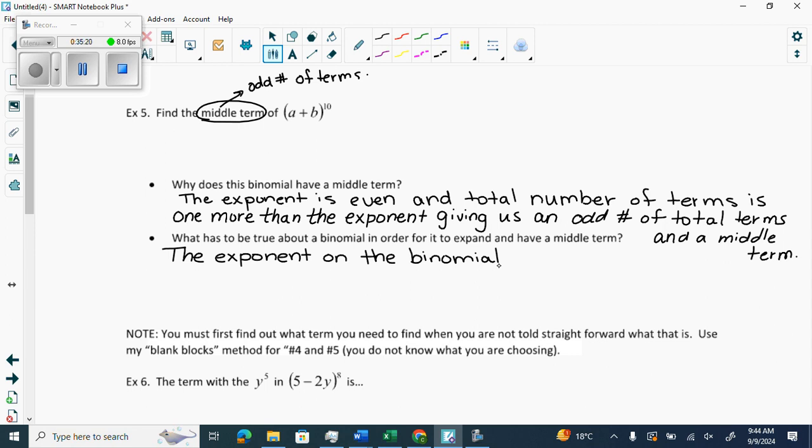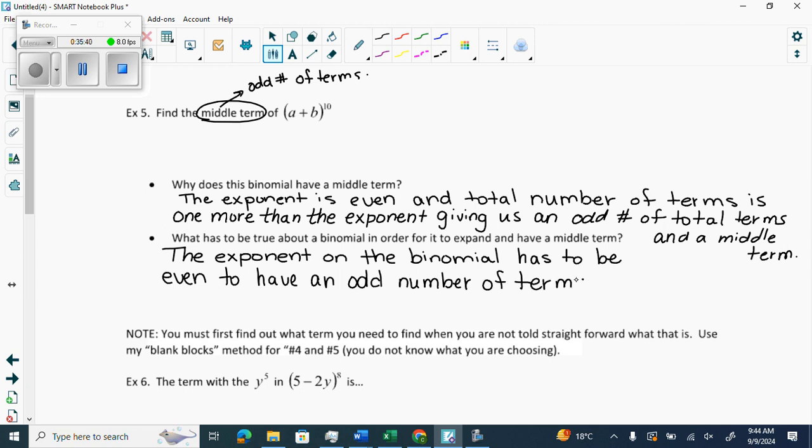The exponent on the binomial has to be even to have an odd number of terms, since the total number of terms is equal to the exponent plus 1.